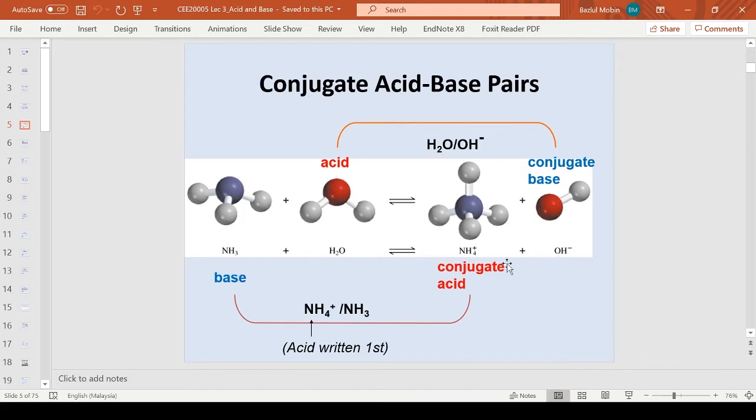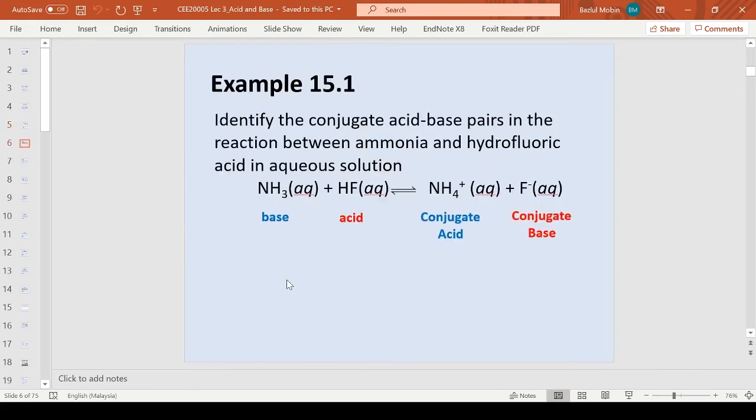And ammonium, produced from ammonia by taking one hydrogen ion from water, is the conjugate acid of that base, ammonia. So there are conjugate acids and bases everywhere.